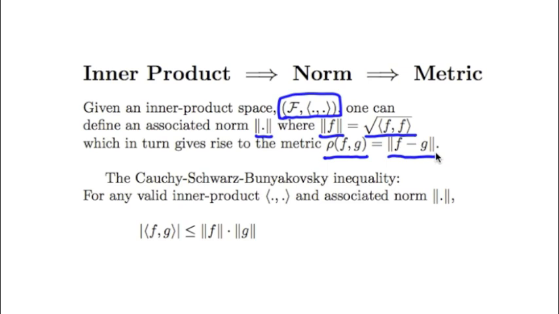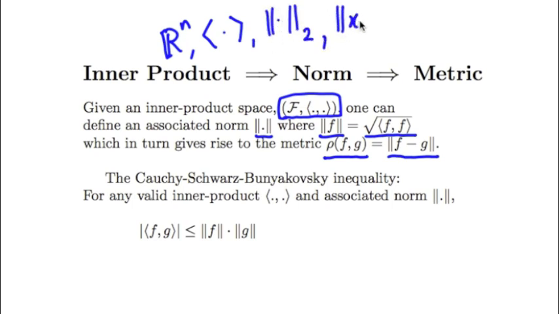Often when we're talking of Rn, the n-dimensional vector spaces, we associate it with the usual Euclidean inner product, and that gives rise to the usual L2 norm and the usual Euclidean distance between two vectors.